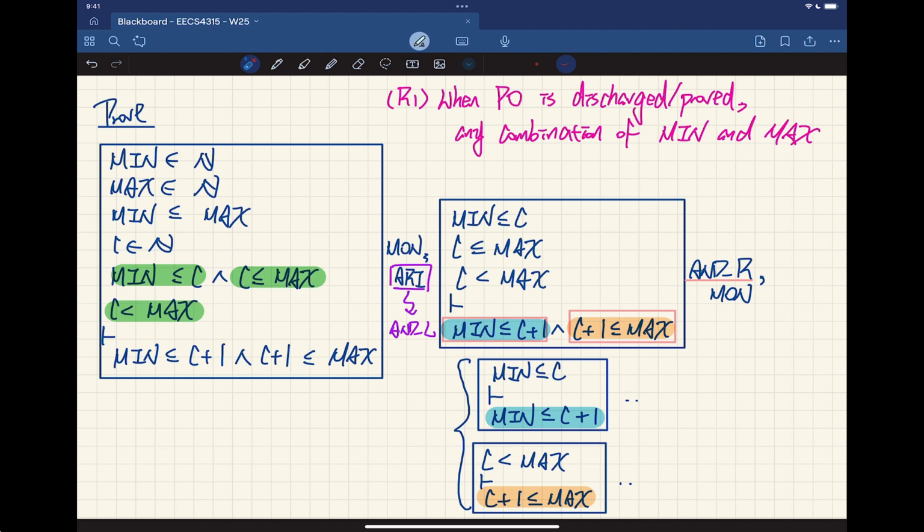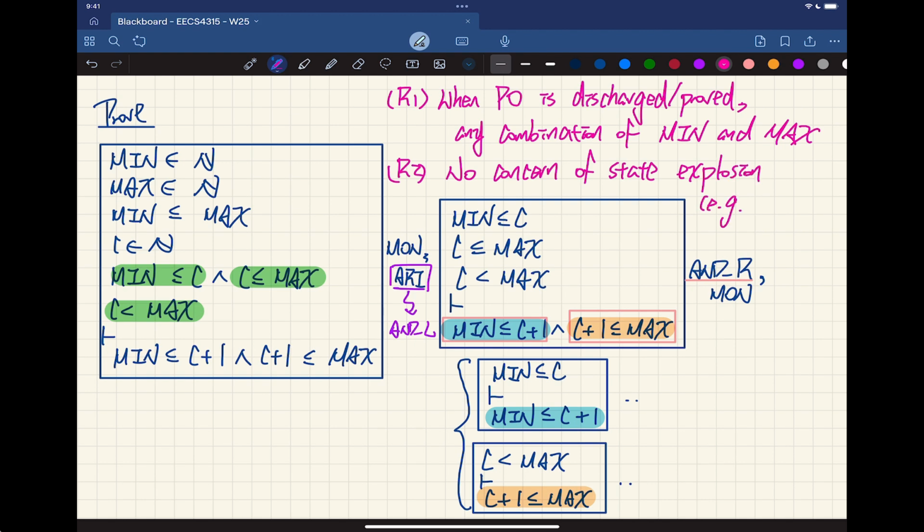Remark number two, I also talked about, but I'll just write it down. No concern of state explosion. For example, when the number of values between min and max are so huge, the maximum minus minimum, which tells you all the values that the counter can take, is huge.